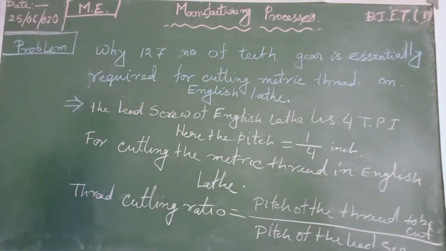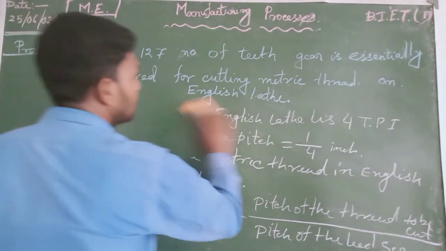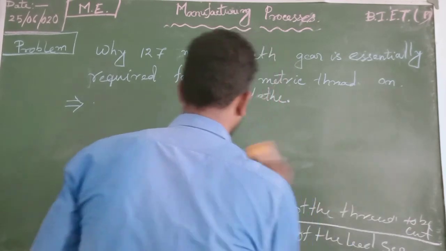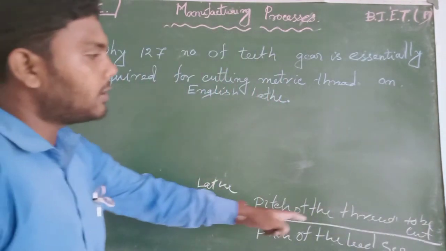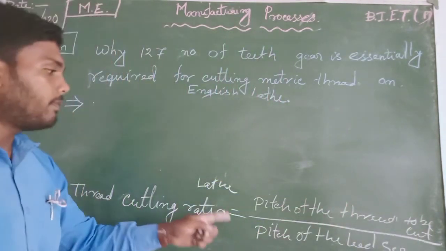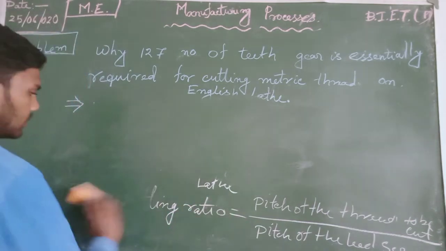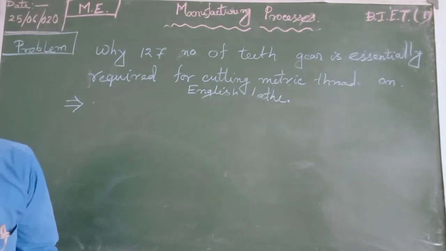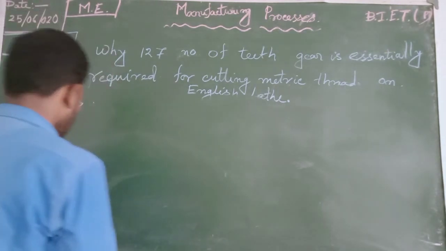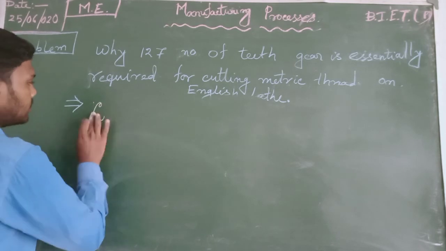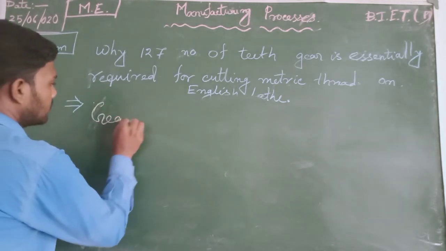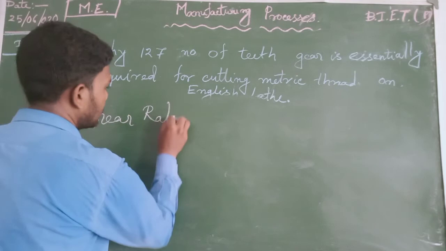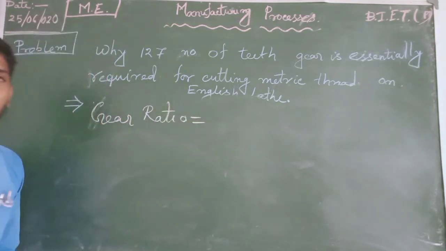Now write this: pitch of the thread to be cut divided by the pitch of the lead screw, and the gear ratio means driver gear by driven gear.